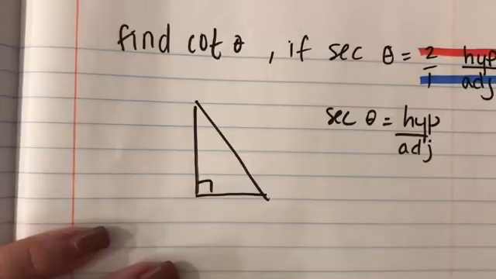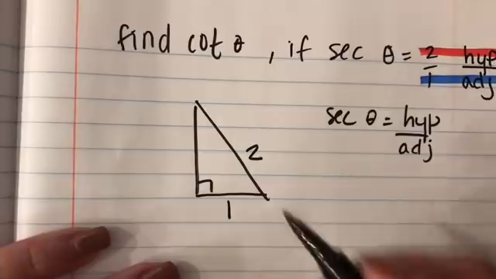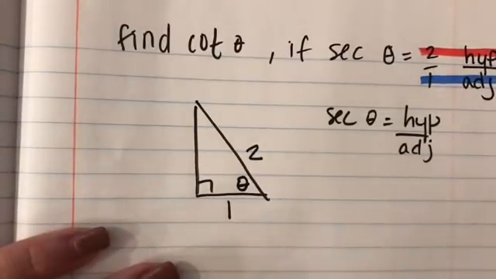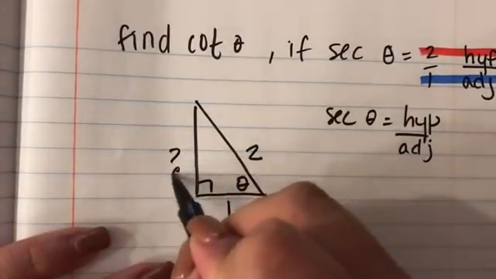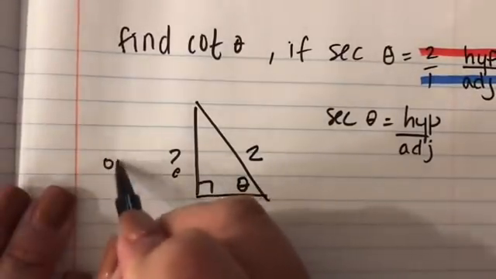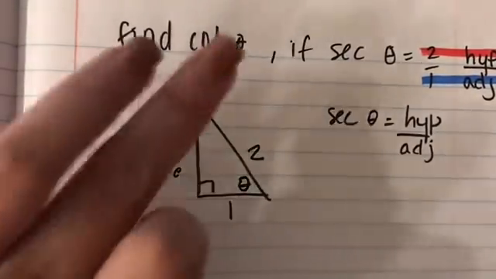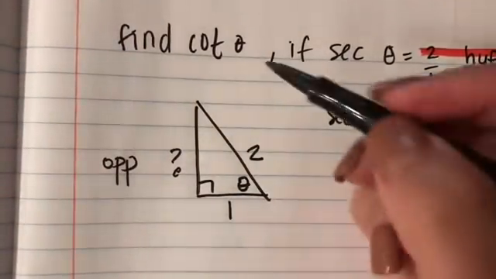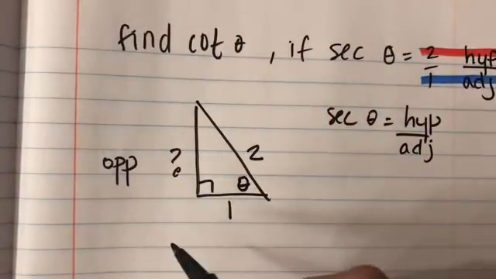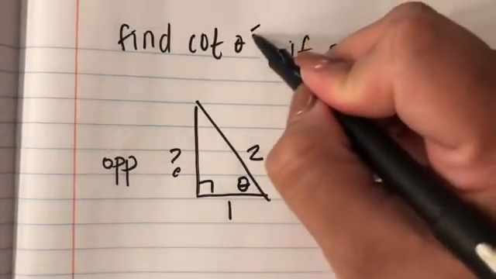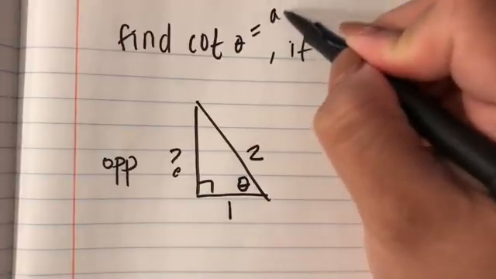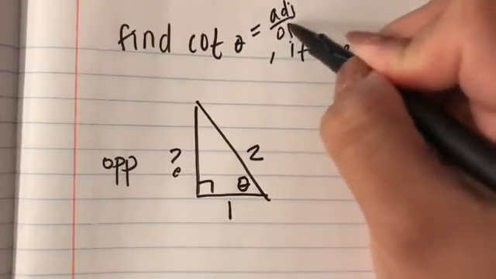That means that theta is right here, and then I need to know what my opposite side is, because since we're looking for cotangent, we need to remember that cotangent is adjacent over opposite.